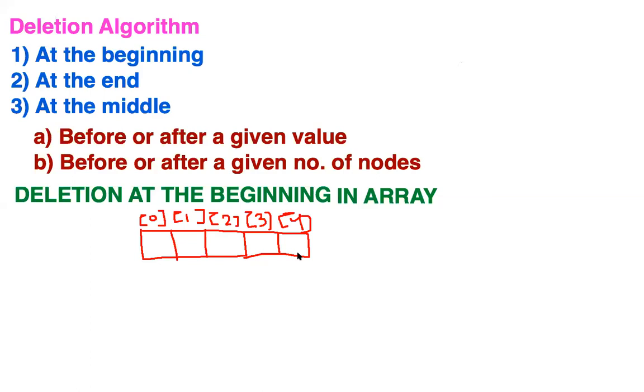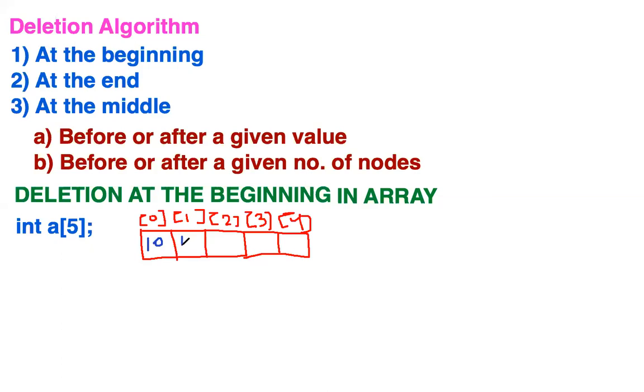Suppose we have a given array of 5 elements, int a[5], and let the elements be like this, 10 and so on.